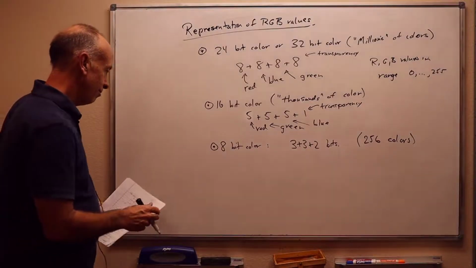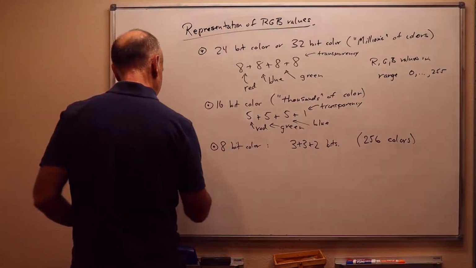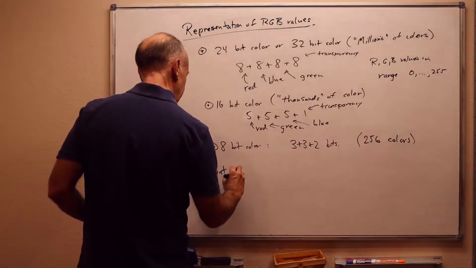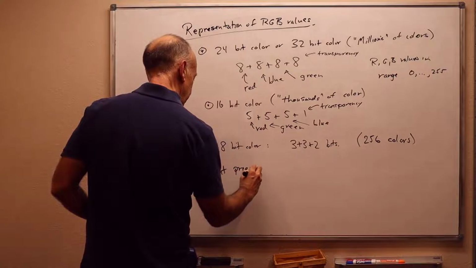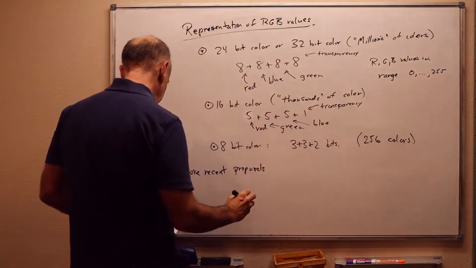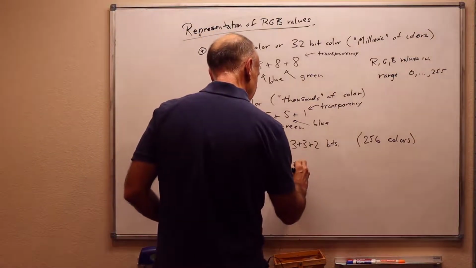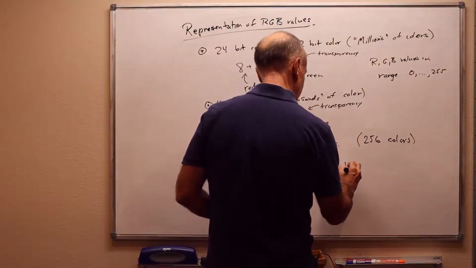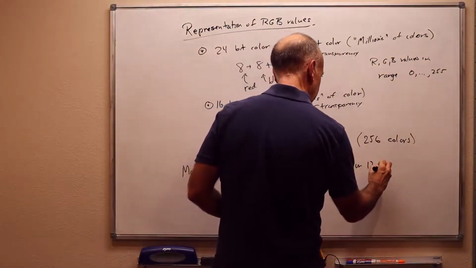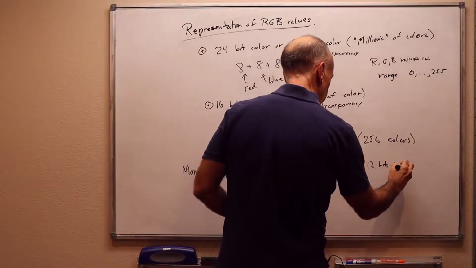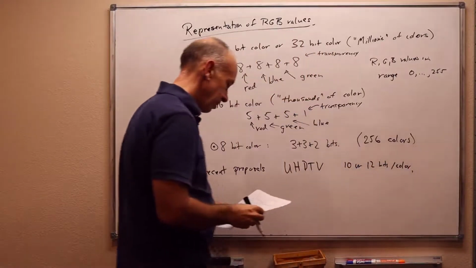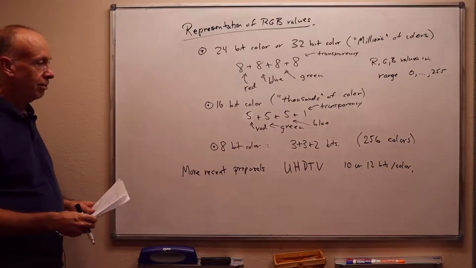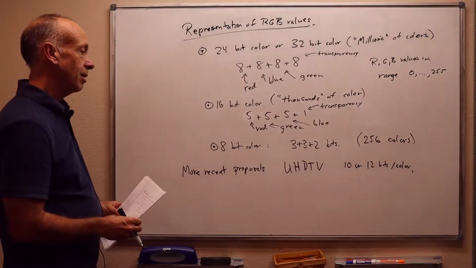There are more modern, more recent proposals for more color. For instance, the UHD TV color standards allow either 10 or 12 bits per color. So it would be 10 or 12 bits for red, 10 or 12 bits for blue, 10 or 12 bits for green.